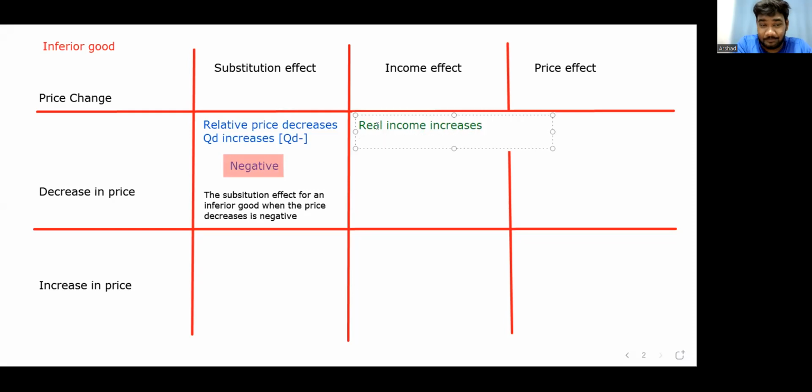Now tell me, we learned inferior goods before. When your income increases, real income also included, what happens to quantity demand? Inferior good, right? Remember the ceiling fans we talked about? When your real income has gone up, QD will now decrease, right?